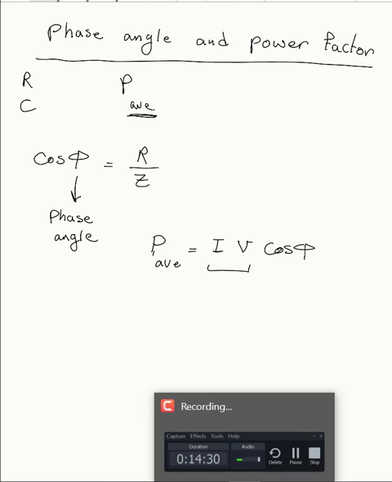What is new here is that because we are looking for the average power, this I should be root mean square, the V should be RMS, and now we have this new factor. The cosine phi is called the power factor, and phi itself is called the phase angle.